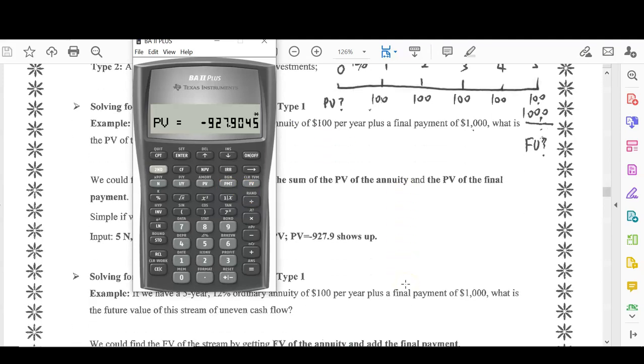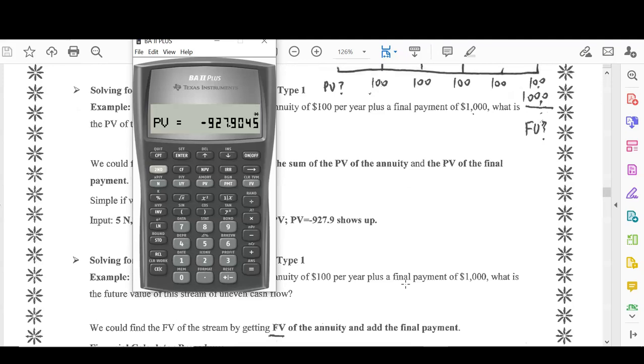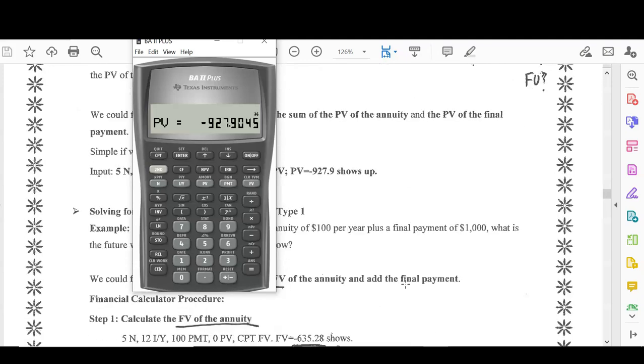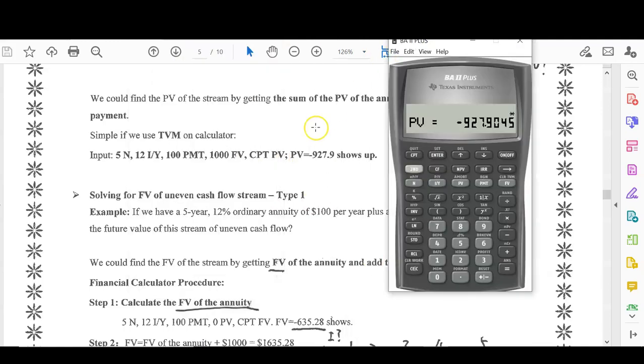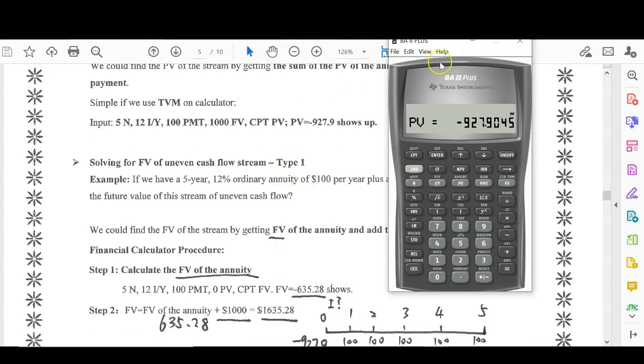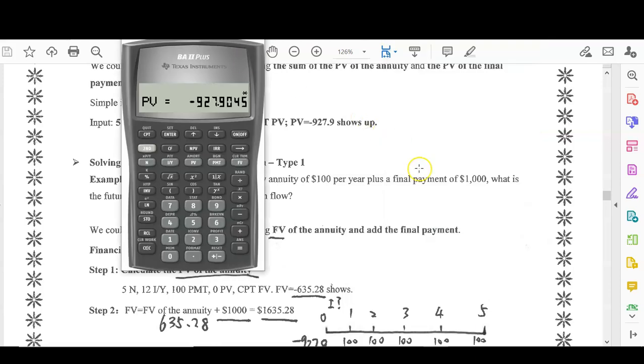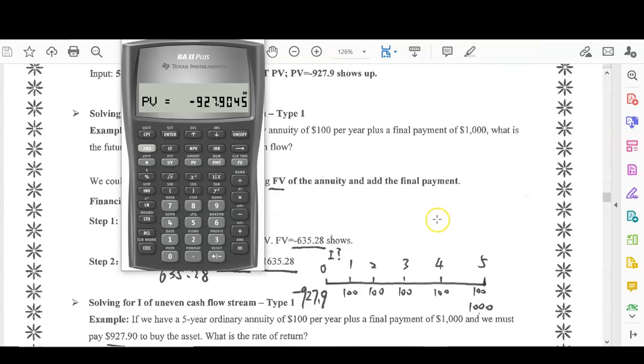What if it's the same cash flow and we are looking for future value this time? If it's future value in the same uneven cash flow, we can see on the timeline here, this additional 1,000 is already at the end of the 5th year.